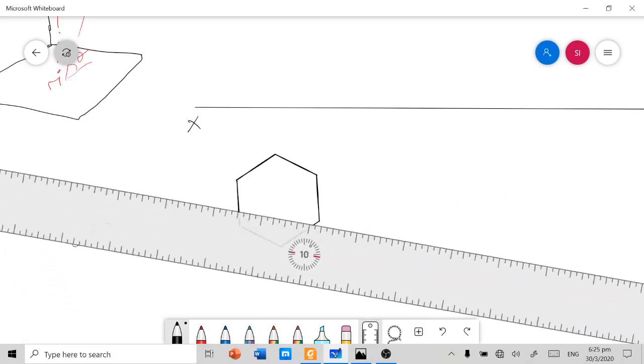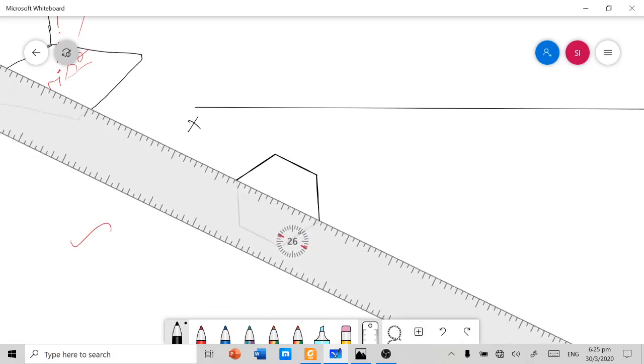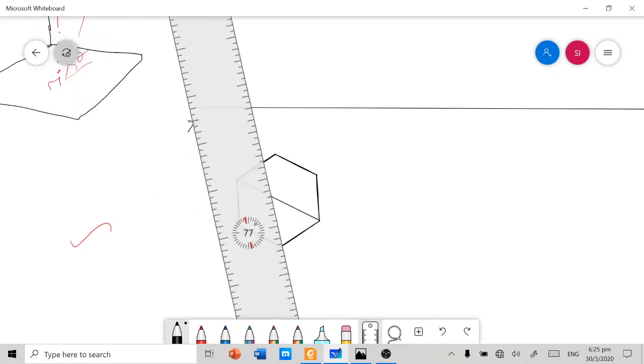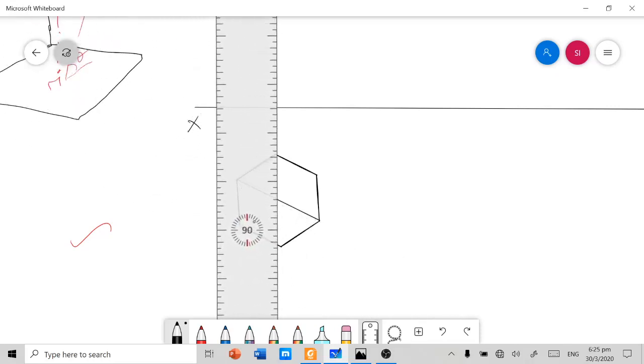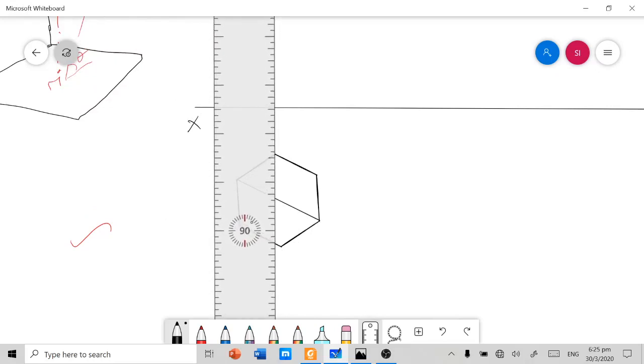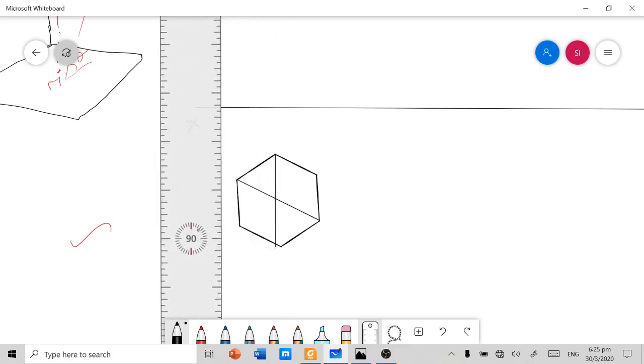Let me connect the corners. Sorry, it is drawn with some misalignment.